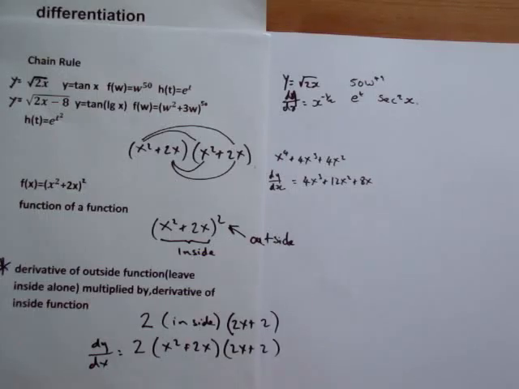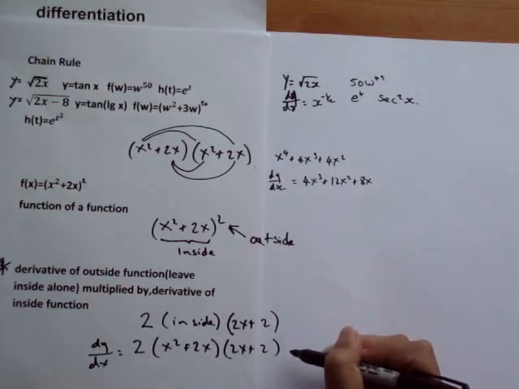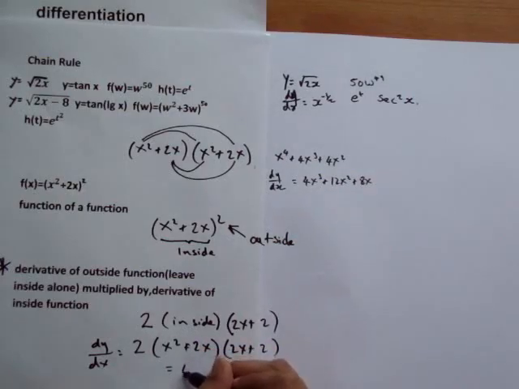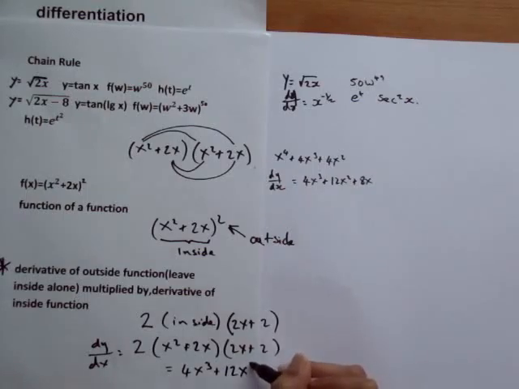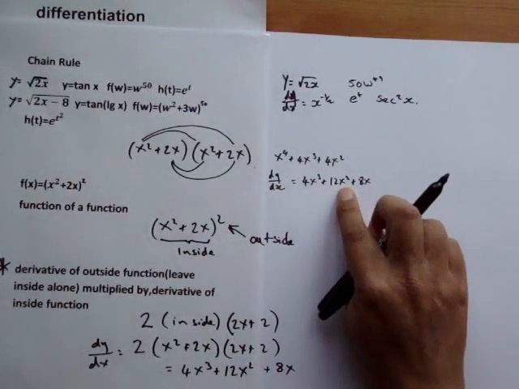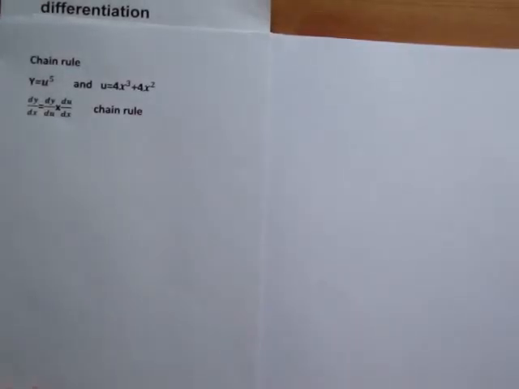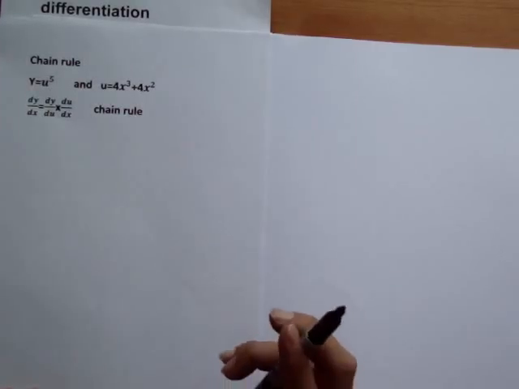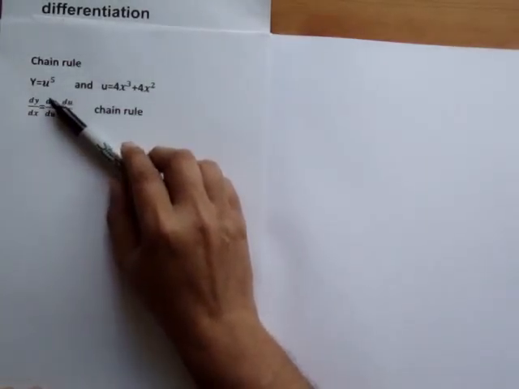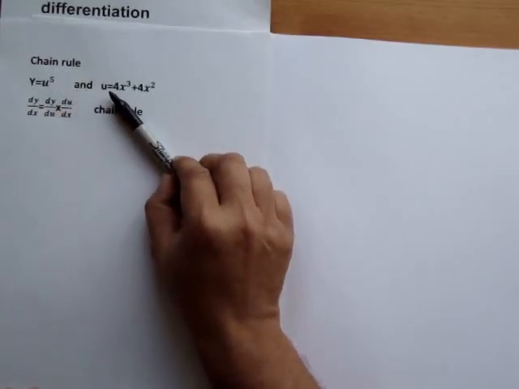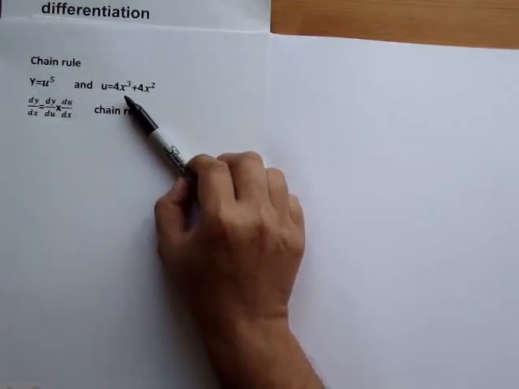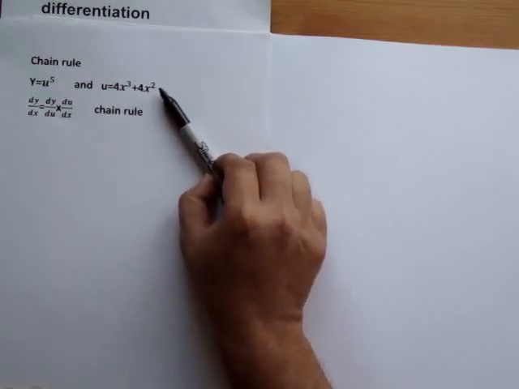If we multiply that out, then we get 4x cubed plus 12x squared plus 8x, which is the same as the above. Another way of looking at the chain rule for derivatives is to take y equals u to the power 5 and u equals 4x cubed plus 4x squared.